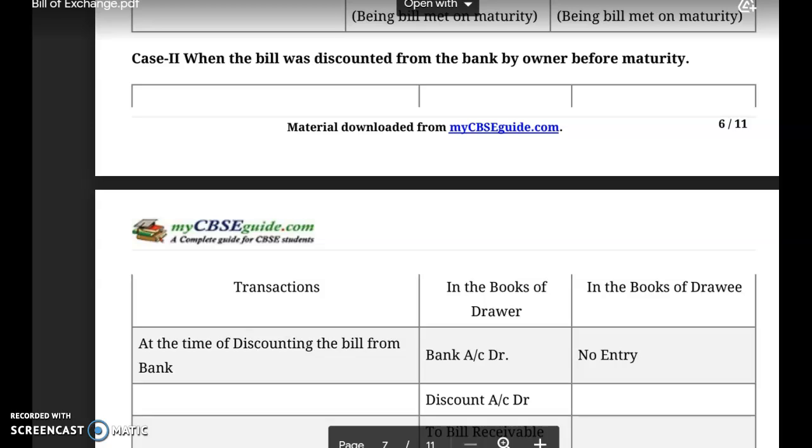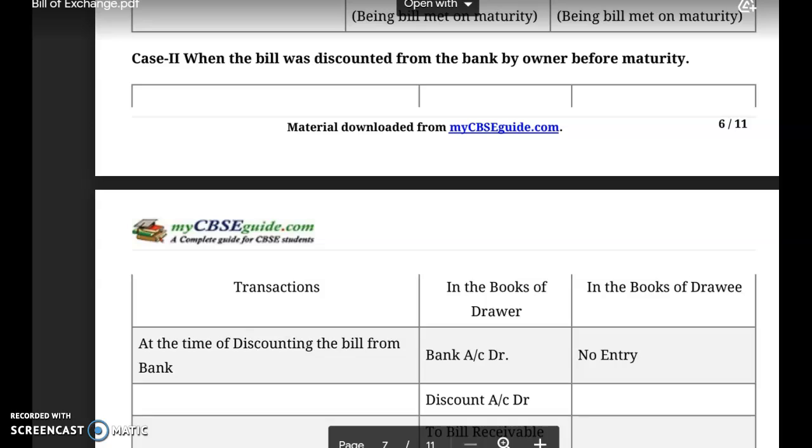The bank, after deducting a certain amount of bank charges or discount charges, credits the remaining amount in the account of the drawer. So the drawer gets the payment beforehand, and on the maturity date, the drawer instructs the drawee to make the payment not to him, but to the bank.